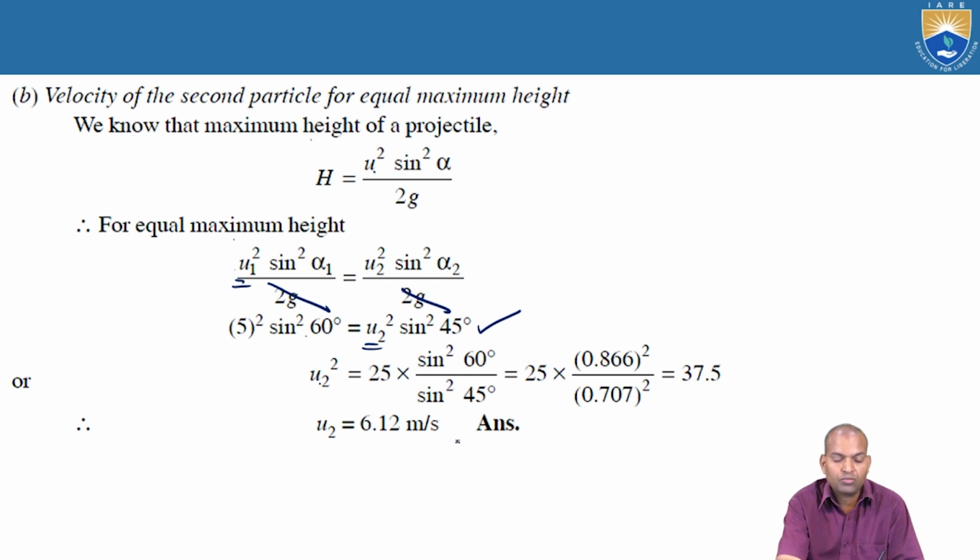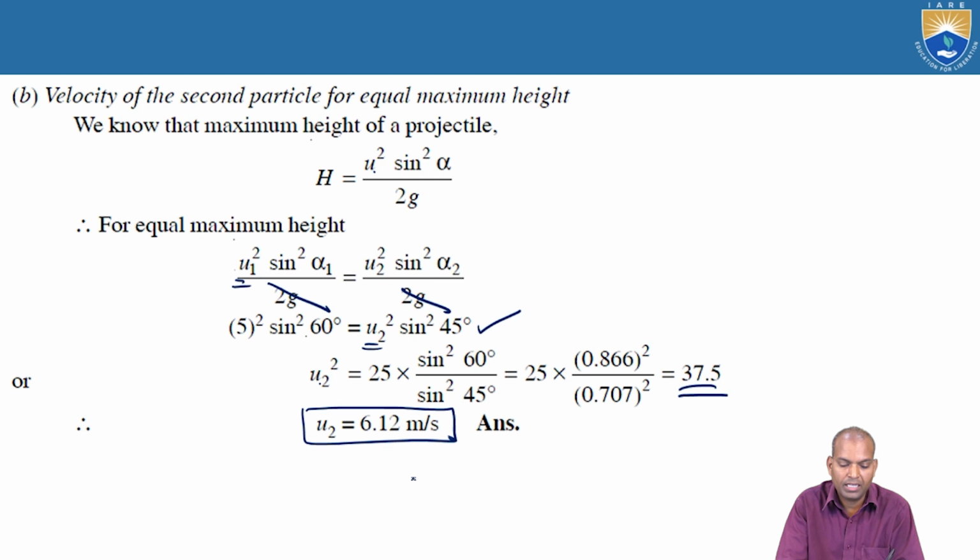Then u2 square equal to 25 times sine square 60, that is 0.866, by sine 45, that is 0.707. That u2 square equal to 37.5, so u2 equal to 6.12 meter per second. Okay, so this is what the second condition is.